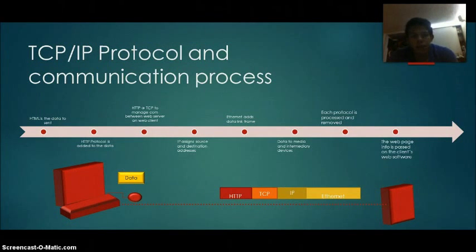The TCP/IP protocol and communication process. The IP suite contains the protocols that the Internet uses to send and receive information. It is now formally known as TCP/IP because those were the first protocols that composed it.